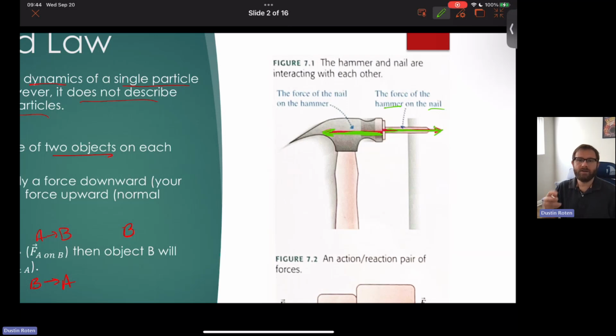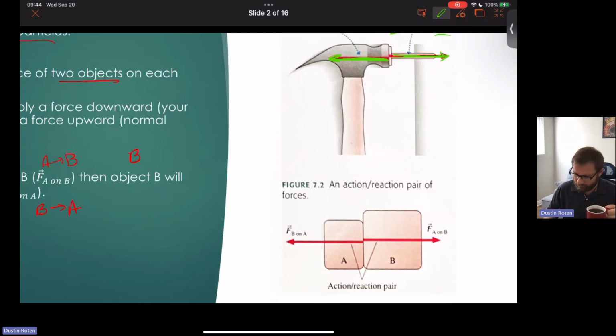You can feel this in your hand. If you hit really hard, you can maybe feel like bruising in your hand or something. So the whole idea here is essentially equal and opposite reactions. Usually the reaction force is not as intuitive. You don't think about it as much, just like the force on the hammer here, but it is there.